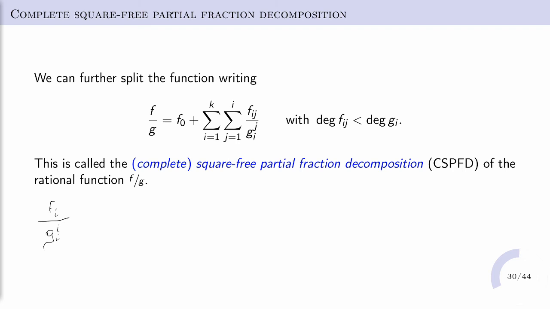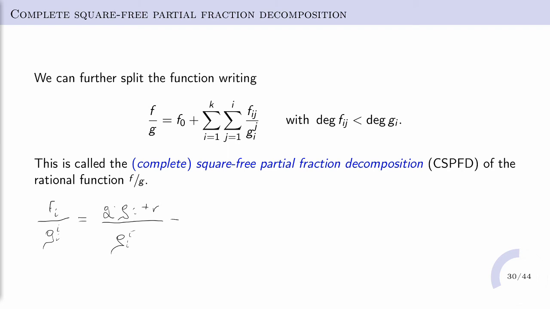What we can do is divide fi modulo gi, not gi to the ith power, but modulo gi without this exponent. So we can write fi as some quotient times gi plus some remainder, over gi to the ith power.